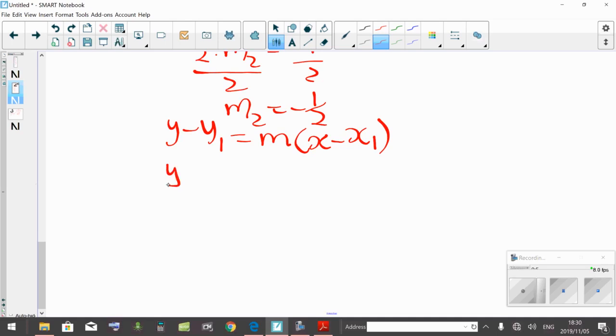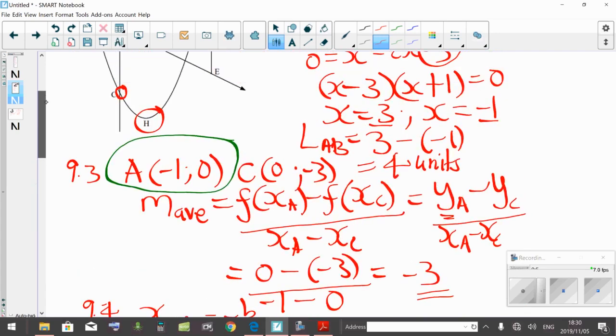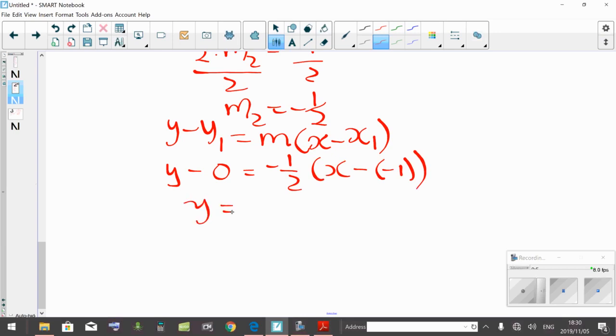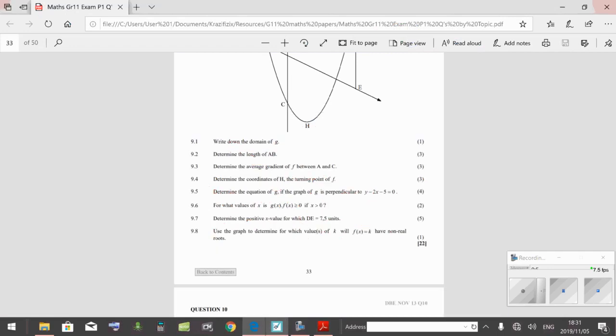Now we said A is (-1, 0). So y minus 0 equals -1/2 times x minus -1. That gives us -1/2 x minus 1/2. This is our g of x. Moving on.